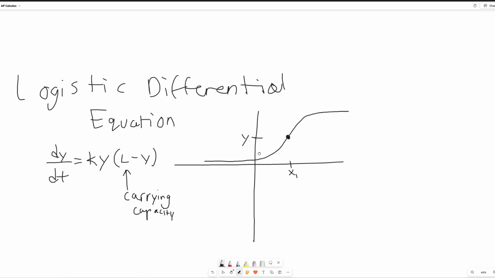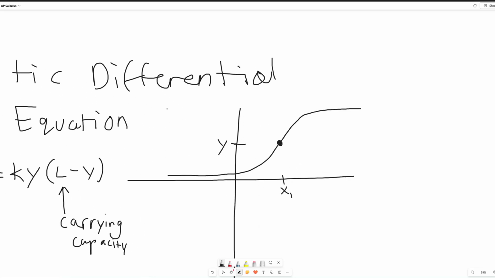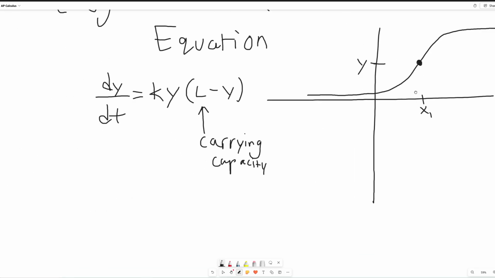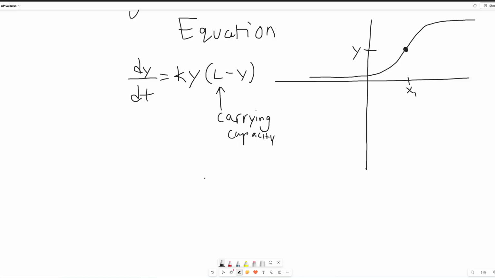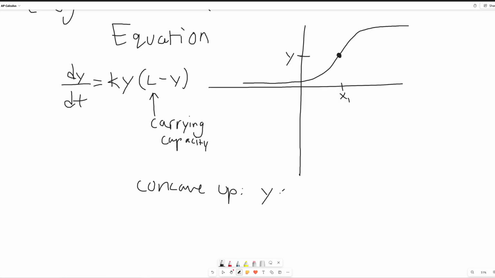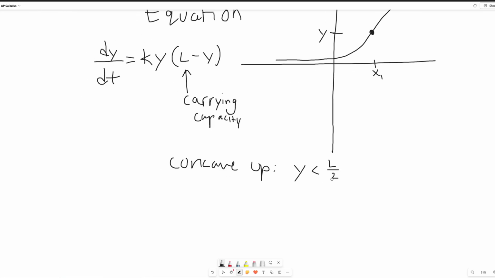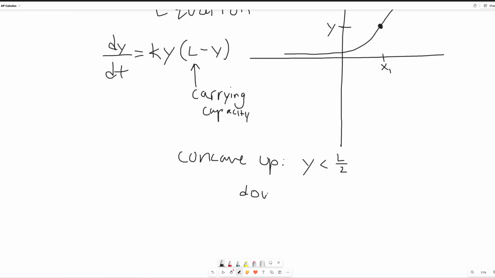Well, as you can kind of see from the graph, it looks like a U shape here and an upside down U here. So, as it turns out, it is concave up when y is less than L over 2, and down when y is greater than L over 2.